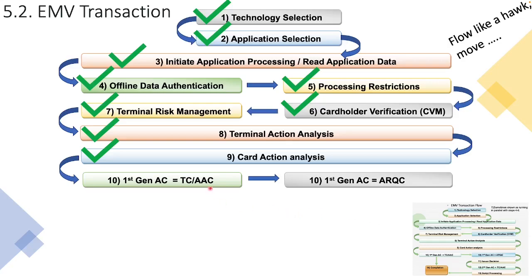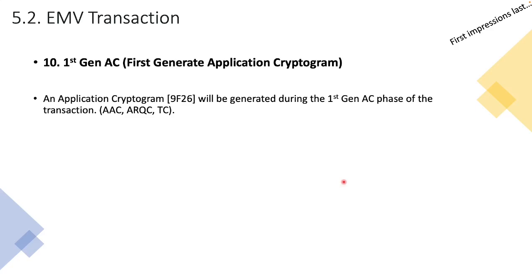One is that we could either approve or decline this transaction offline, in which case, once we've passed this phase, we would then just go straight into completion and the transaction is over. But the other possibility is that we could decide to send the transaction online. Okay. So let's get straight into the first gen AC step of the EMV transaction.